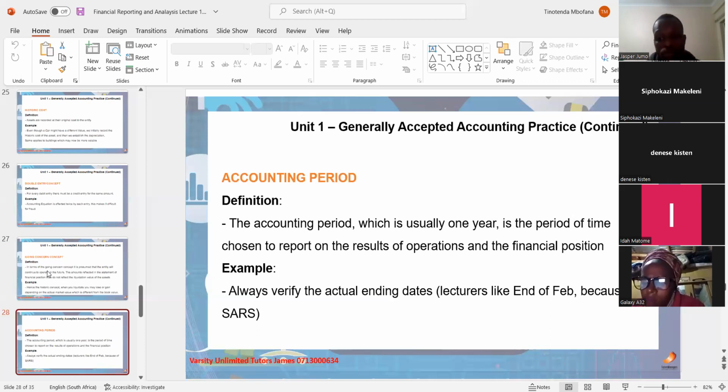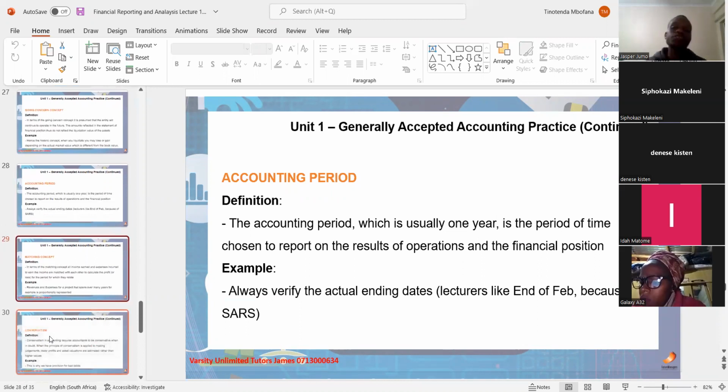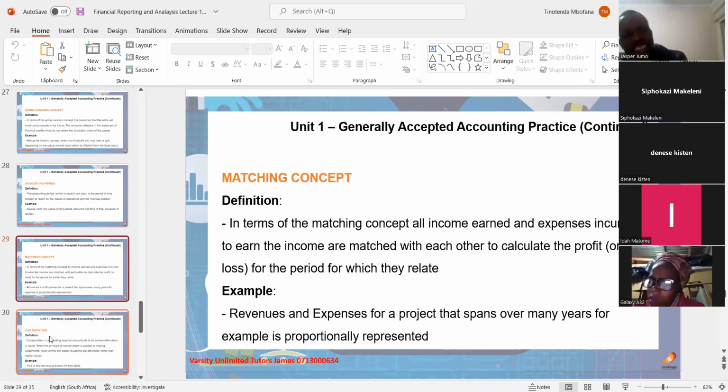Usually, it's from 1 March of a particular year, going full year up to 29 February of the next year. You will notice most of your examples are going to be exactly like that, usually 1 full year. So be very careful when you're dealing with these things to see what the dates are that you have been given, right?